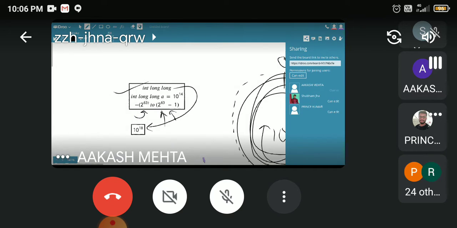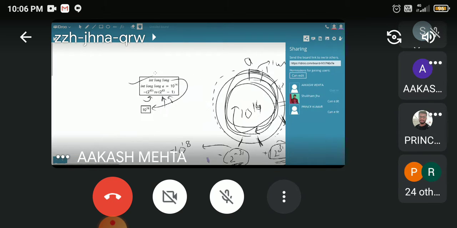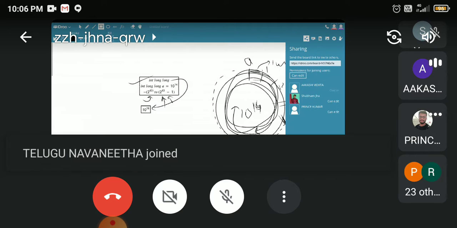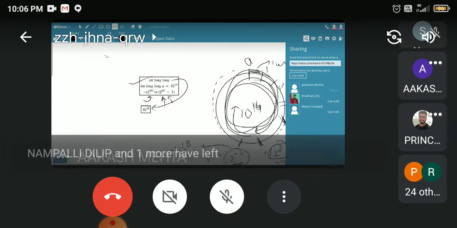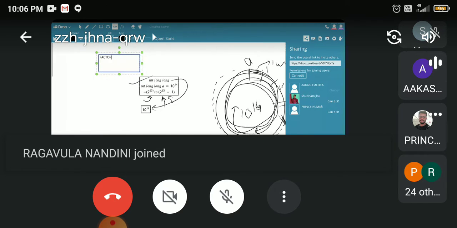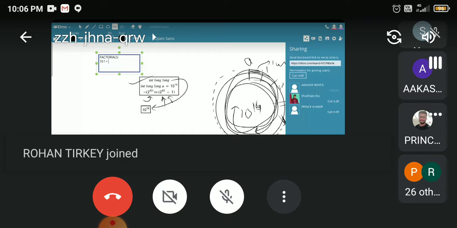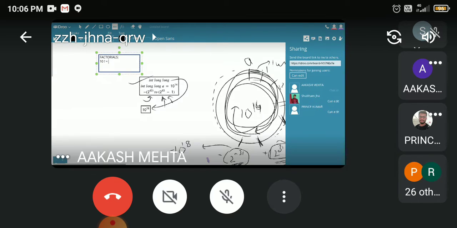Okay, but there may be some values which may be larger than this. For example, we discussed last time that if you compute factorials, let's say 10 factorial, it's quite a large number, let me just calculate it, 10 factorial is 3628800.